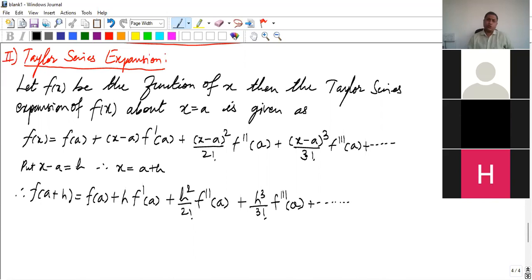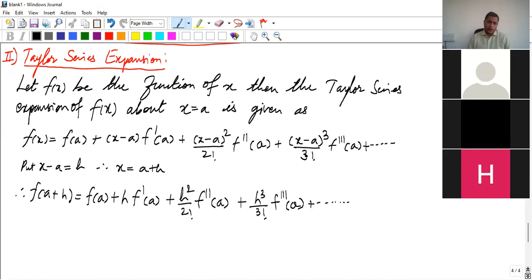You should not be surprised that this formula and that formula look different, but actually they are the same. This is the formula when we replace x minus a by h.